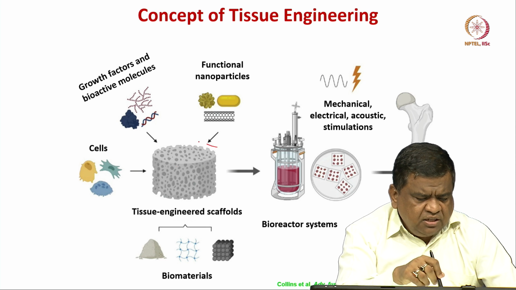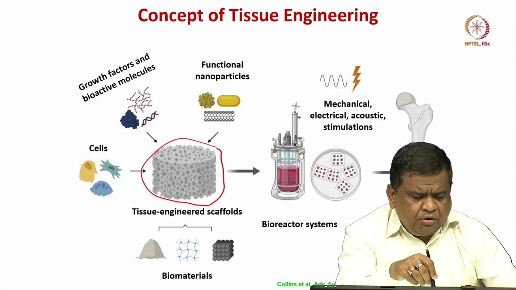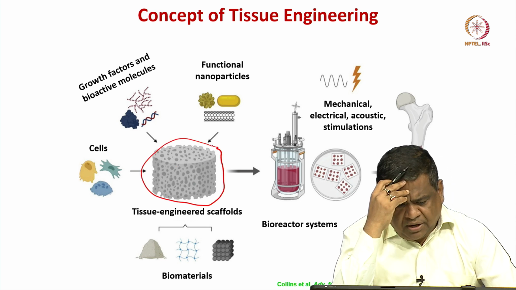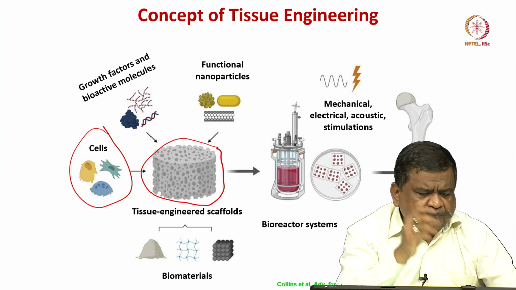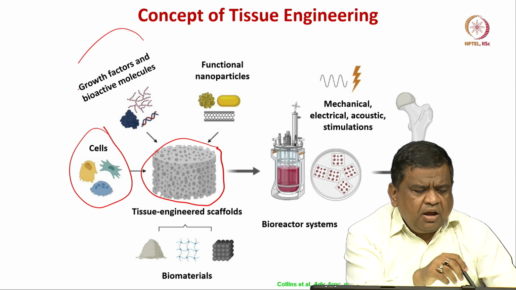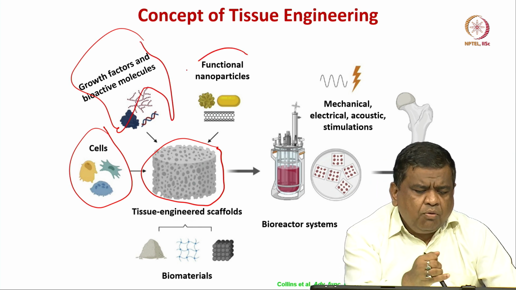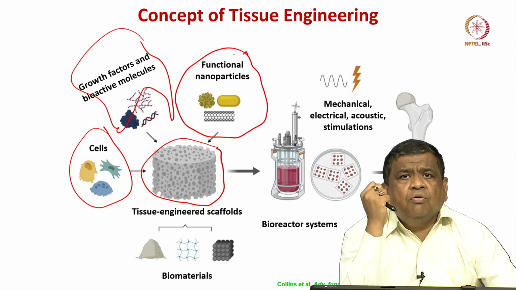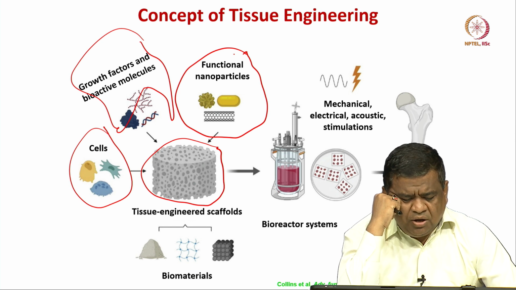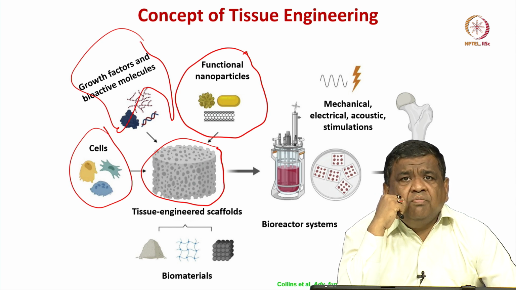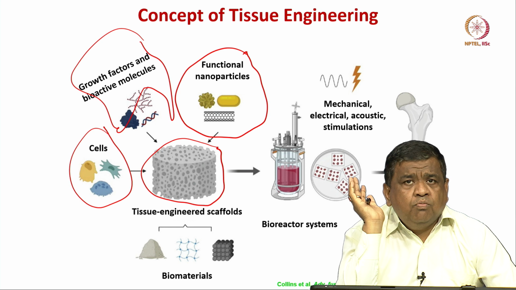As you can see, these scaffolds appear to be of very complex designs. You use different types of cells. Then you can use growth factors or bioactive molecules or functional nanoparticles. I can show you how these nanoparticles can be introduced to it. And once you make these scaffolds using 3D printing or 3D bioprinting, you can do both approaches.